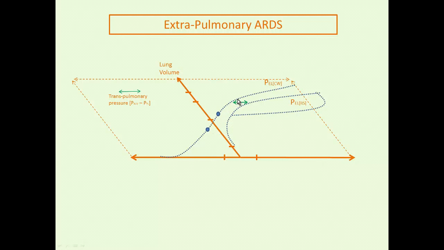The shift down and to the right of the chest wall compliance curve will mean that pleural pressures will rise compared to a patient with normal chest wall compliance, say with the application of PEEP.